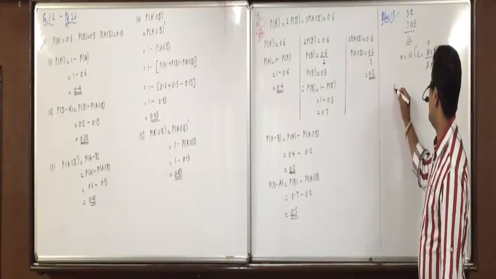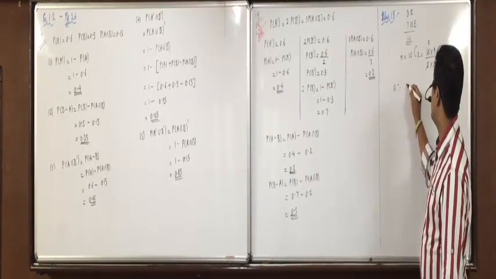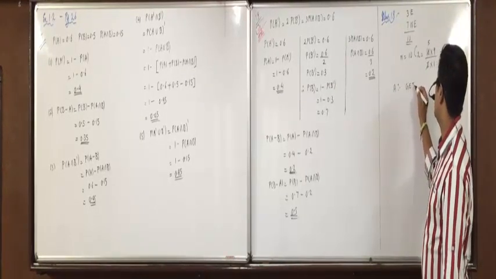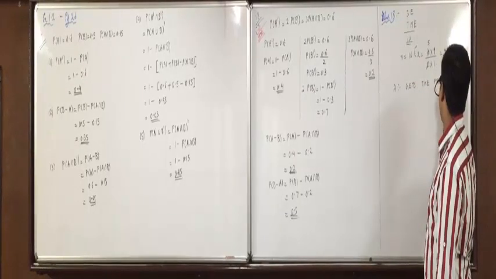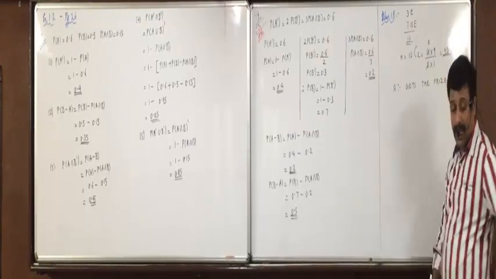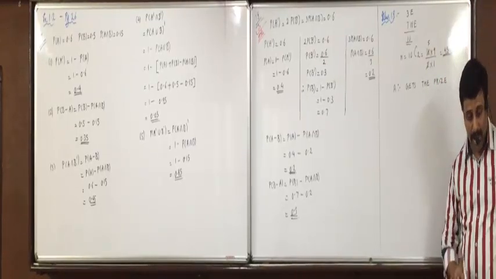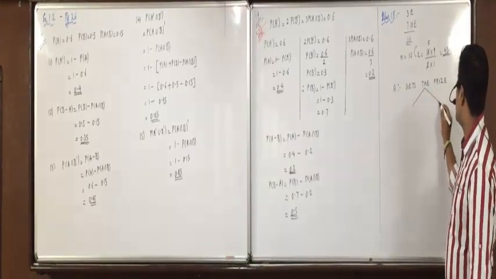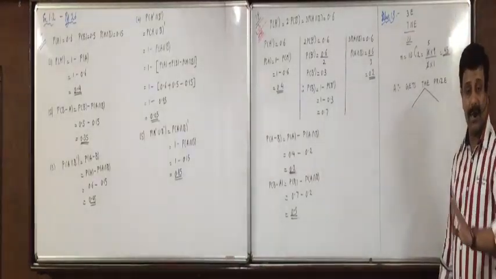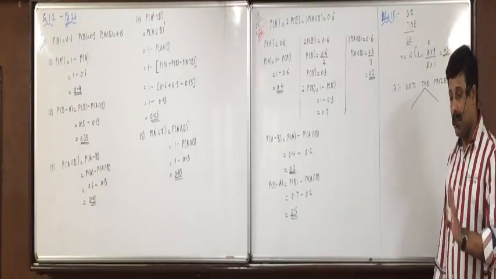So we'll say let event A be the event that Katan gets the prize. Read that. Let event A be the event that Katan gets the prize. Now, there are two situations possible. Two chits are selected, so in two situations he can get the prize.